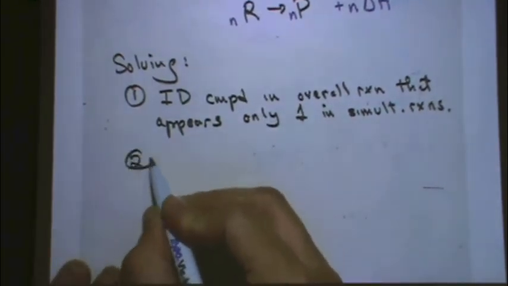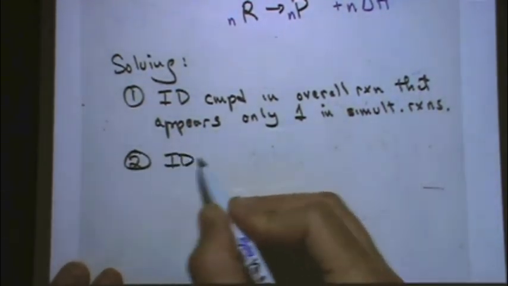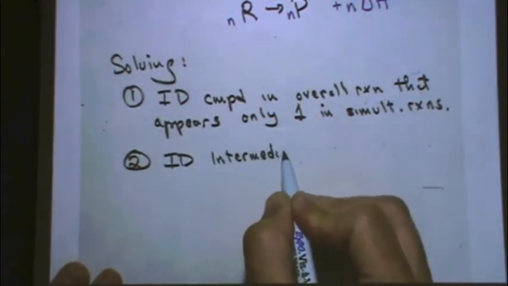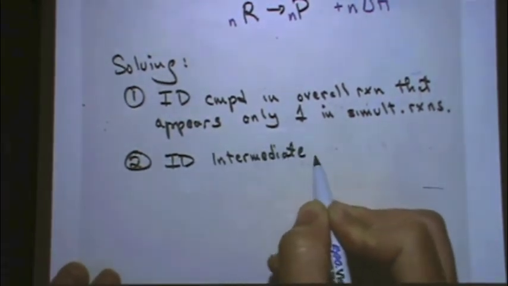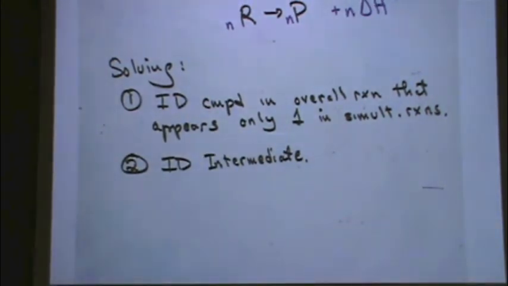Step 2, this is the second step of my simultaneous method: ID an intermediate. And again, you'll see a live example of this in just a moment. But first, does an intermediate appear in the overall reaction? Yes or no? No. You will not see an intermediate in the overall reaction.